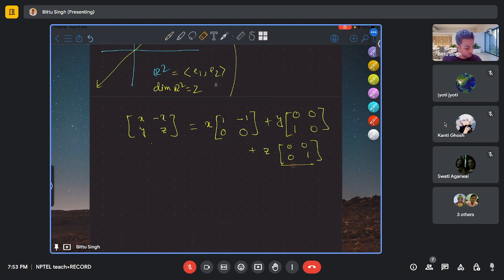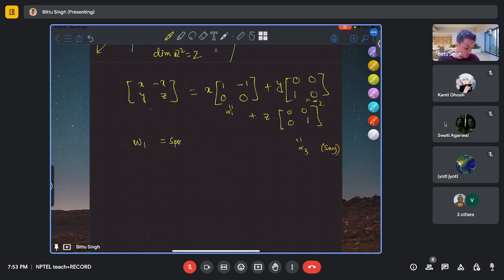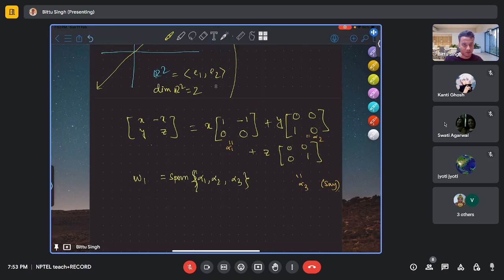So give them names. Suppose this is alpha 1, this is alpha 2, and this is alpha 3. Then W1 is the span of alpha 1, alpha 2, alpha 3, because any element from W1 can be written as a linear combination of those.